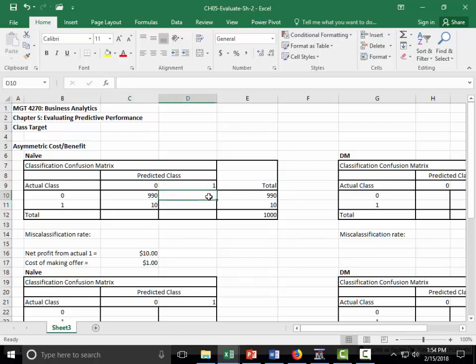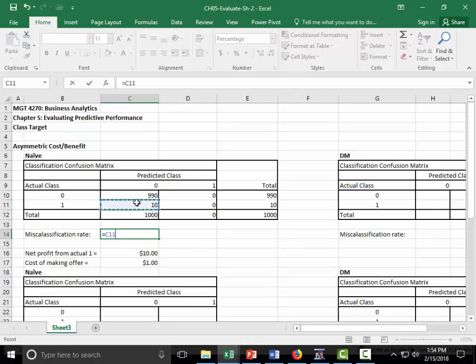So your classification matrix will look like this. And your misclassification rate or error rate then is that plus that divided by that.